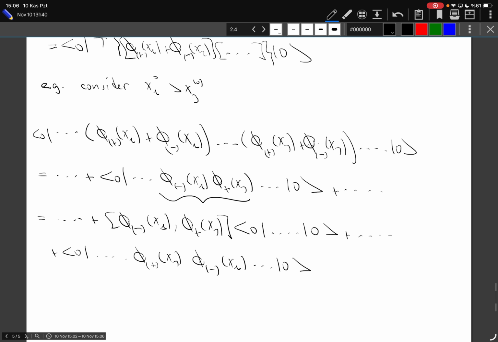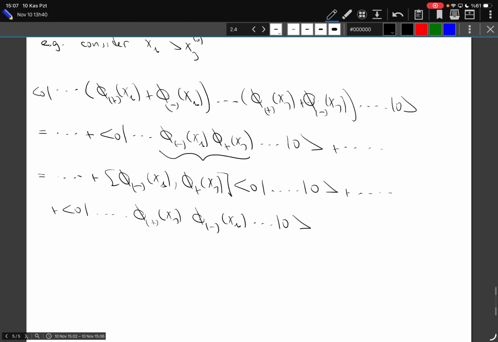This is the only commutator term I will get between phi minus x1 and phi plus x3. Remember, I'm moving all the phi minus to the left, all the phi plus to the right. So I will get all these commutator terms. And when I move phi minus all the way to the right, I get 0. Or phi plus to the left, I get 0. Those will give me 0. Only if there are such commutators, I will get non-zero contributions.